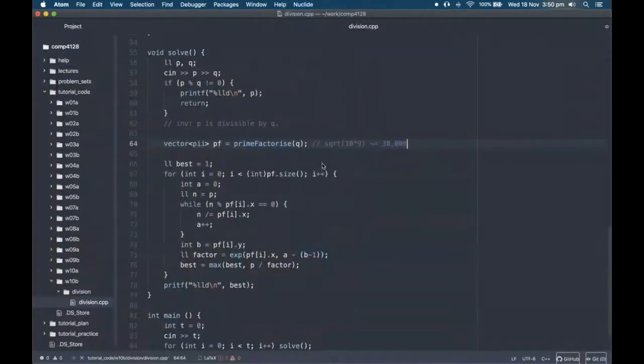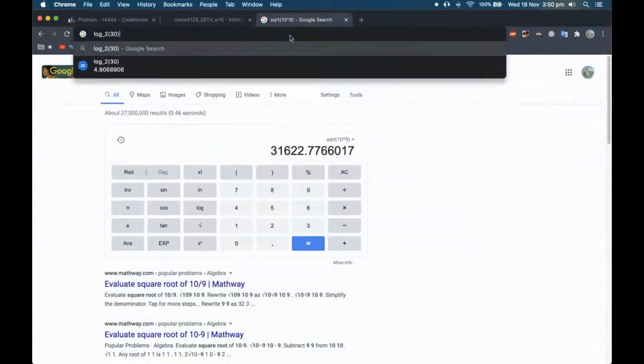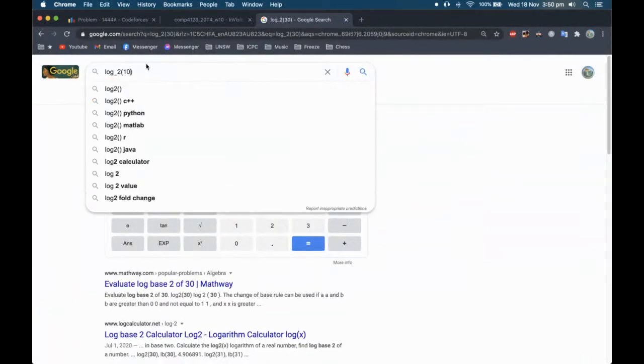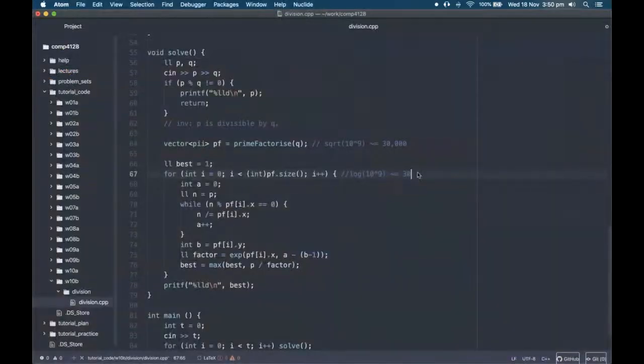That's 30,000. Over here, we're going to loop through all the primes. There's going to be log of 10 to the 9 primes of q, which is about equal to 30.